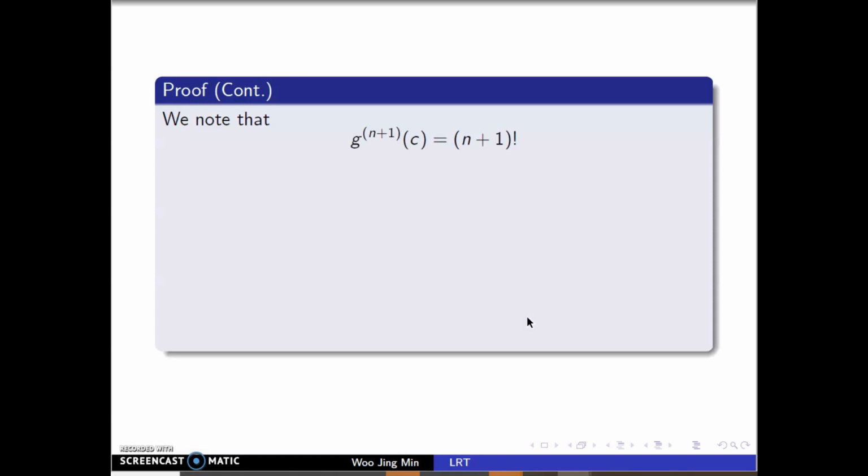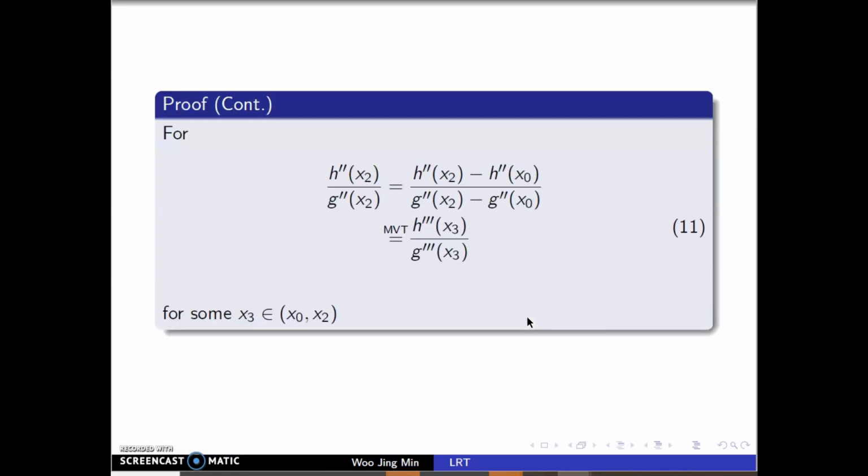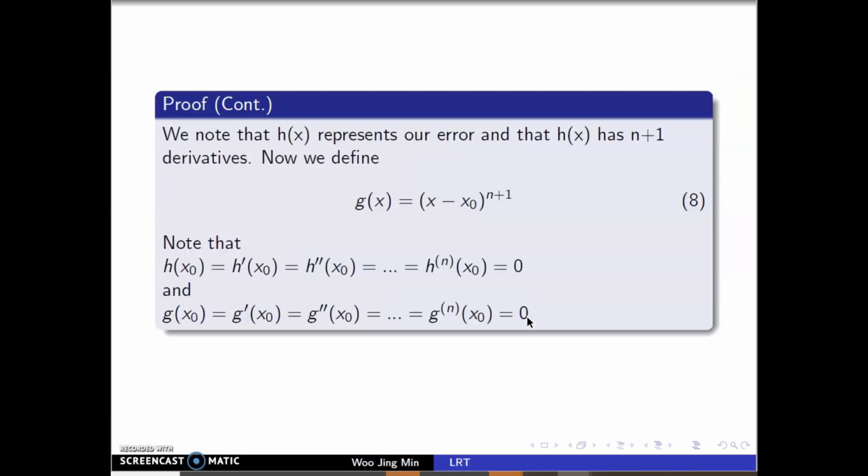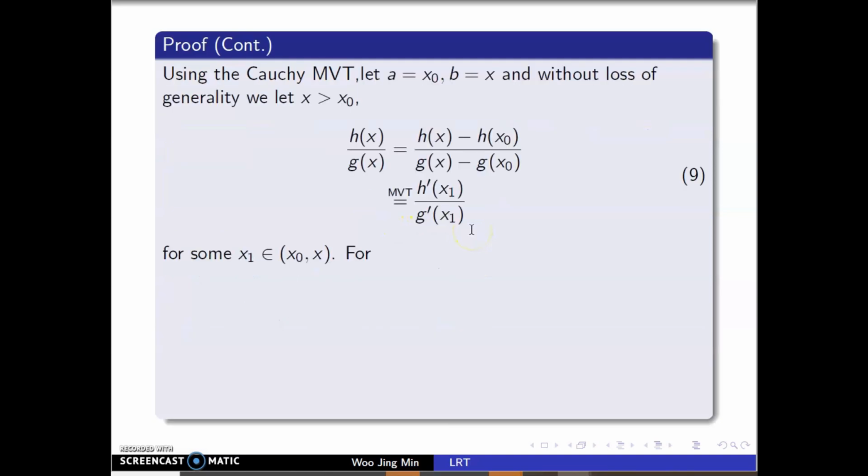Now we note that when you take the n plus 1 derivative of g and plug in c, you will get n plus 1 factorial. That's quite clear to see, given the equation for g, which was a bit back over here. It's obvious.